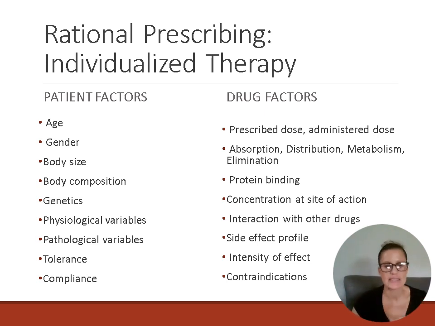Both patients are the same weight. So their body size, right? If I'm just doing weight-based dosing, they're going to look like the same patient, but their body composition is completely different, right? Fat content is vastly different in these two patients.